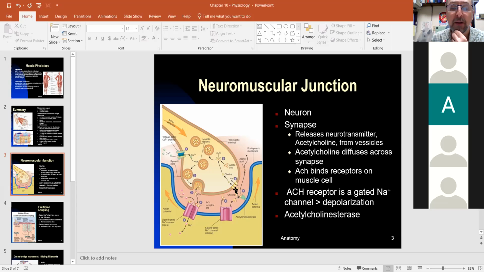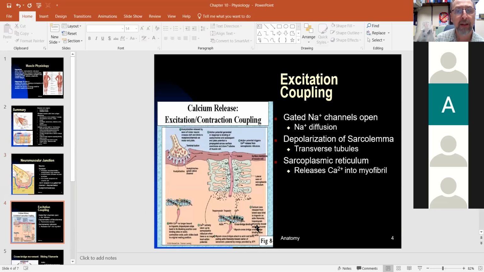Then the parts of that, choline and acetic acid, get sucked back into the nerve cell. So this is the signal that a nerve cell sends to a muscle cell, and the muscle cell responds by opening ion channels. And that leads to excitation coupling, which shows the action potential.